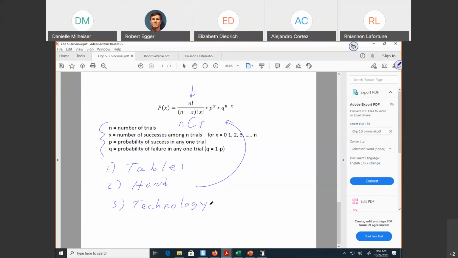Tables and hand calculation aren't bad, are reasonable if A, the number you've got to compute isn't that large, and B, if there's a table that covers it. Tables is always the issue. I mean, it's very specific on what P and Q can be, and it's also very specific on how many trials, what N is, the number of trials.